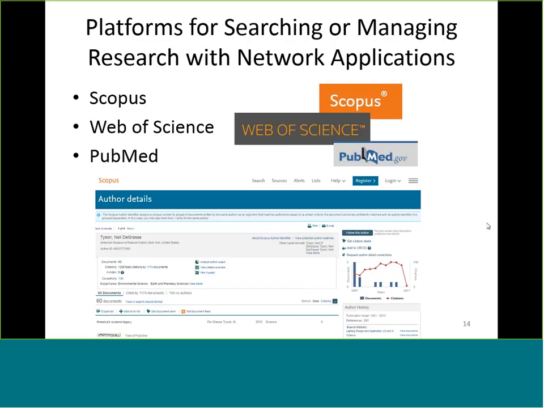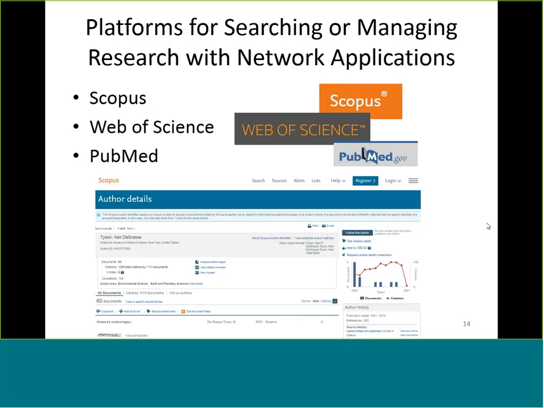So another area within these research platforms are those platforms for searching or managing research that have a network application on the side. This includes a lot of what we think of as traditional library databases, things like Scopus, Web of Science, which Webster does not subscribe to, but it is a big one in the field, and PubMed.